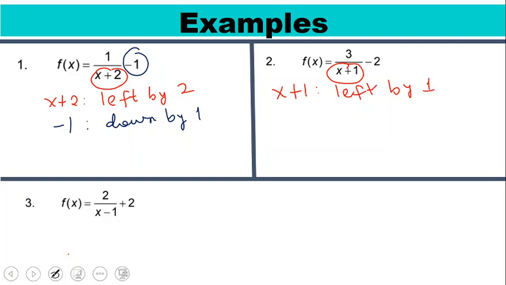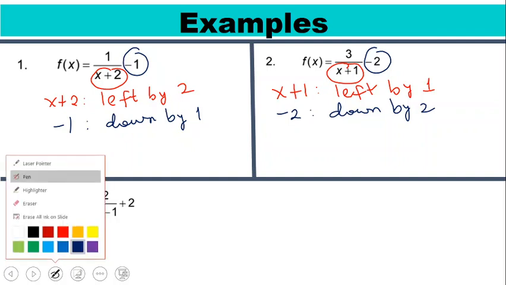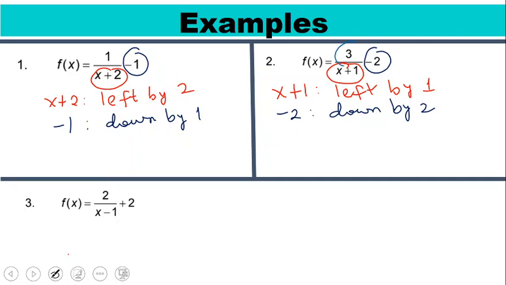And then for the -2, this is going to move down by 2, okay? And the last change that we see is this 3. In the 3, that means our A equals 3. So this is going to cause a stretch, okay?